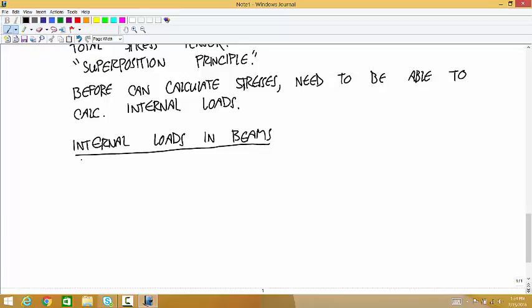Okay, and so I'm going to start with just the most basic idea of what internal loads are, and then we'll go from there. So here's an example.